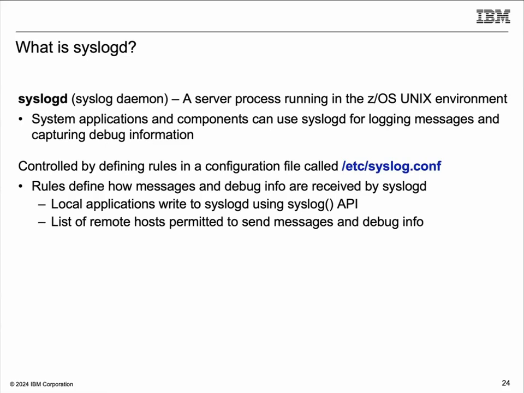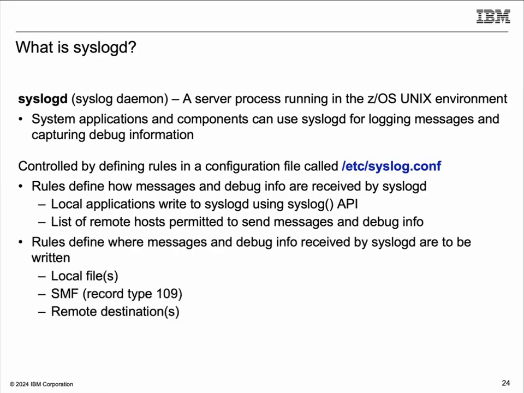By consolidating all those messages into a single syslog-d instance, you have one place to look for all the messages generated by applications in your sysplex or in your data center environment.